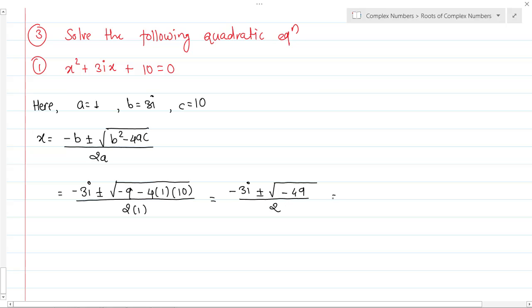So root of minus 49 is nothing but 7i. So it is minus 3i plus or minus the square root of 49, which is 7, and root of minus 1 is i, so divided by 2. That's it.